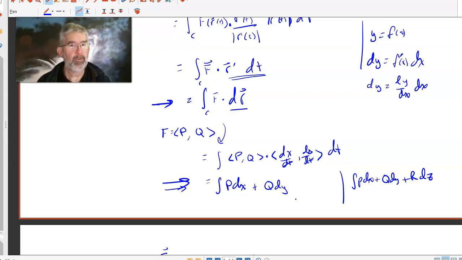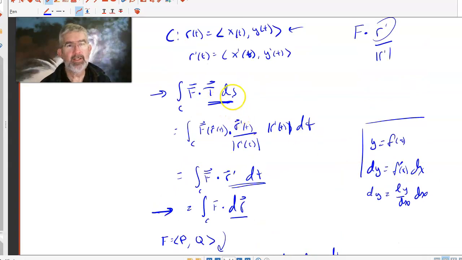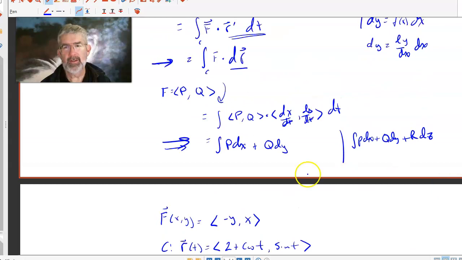And it's like, no, you're integrating with respect to t. All of this is going to be converted into t's in the end. Whether you do it from the original f dotted with T ds, or at this stage, or at this stage, you're taking an integral dt, where t runs from the beginning value to the ending value to get you all the way along your curve.